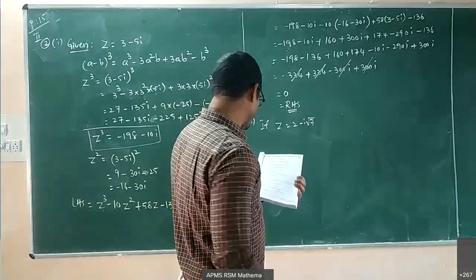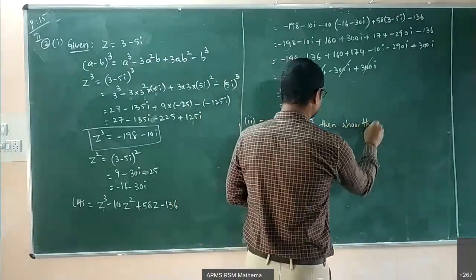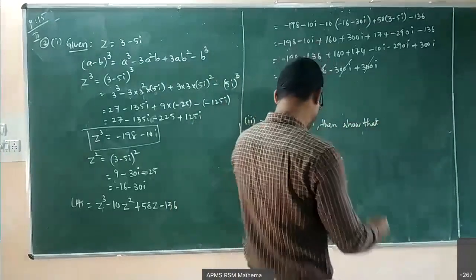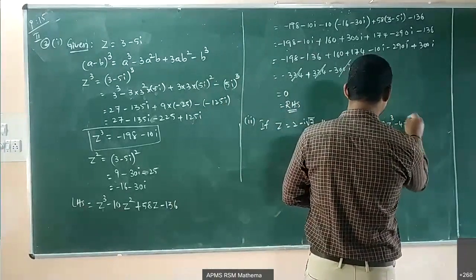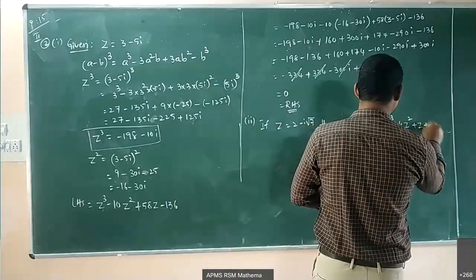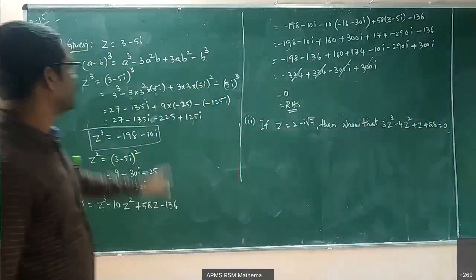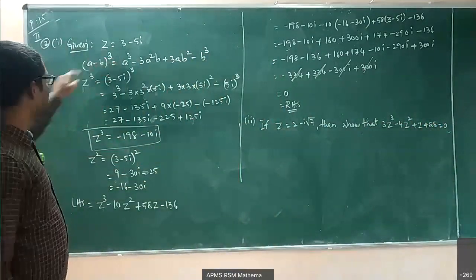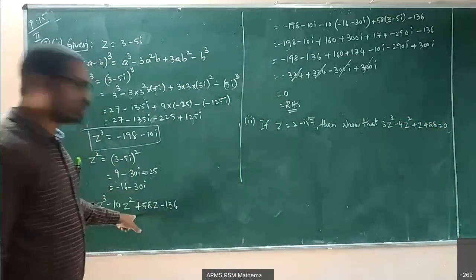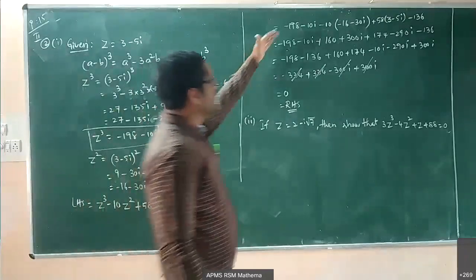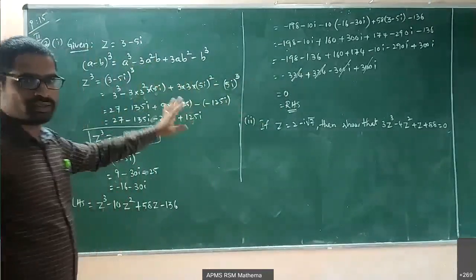Then show that 3Z cube minus 4Z square plus Z plus 88 is equal to 0. This is the problem you have to solve. First Z is given, we compute Z cube and Z square, substitute the values in LHS, simplify and arrive at RHS. That's it. Please take a screenshot. We'll go to the next problem.